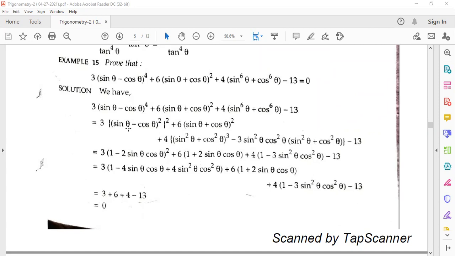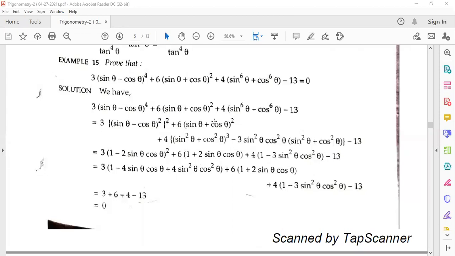Now (sin theta minus cos theta) whole square means sin square theta plus cos square theta minus 2 sin theta cos theta. We can write a minus b whole square means a square plus b square minus 2ab. A square plus b square, that is sin square theta plus cos square theta, can be written as 1, minus 2ab means 2 sin theta cos theta, that whole square is coming here.